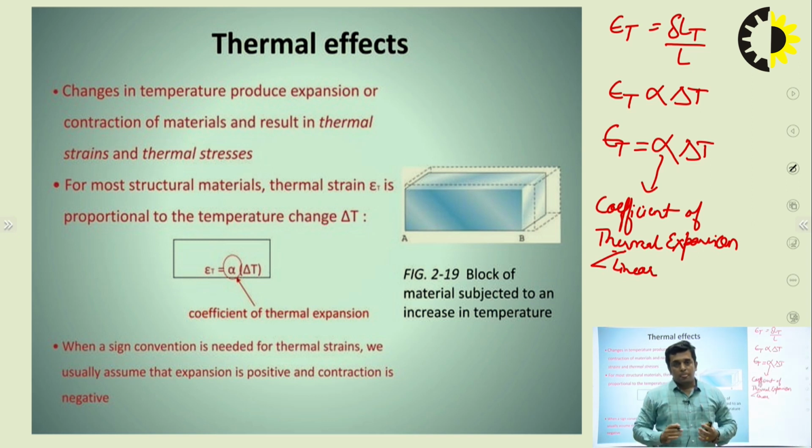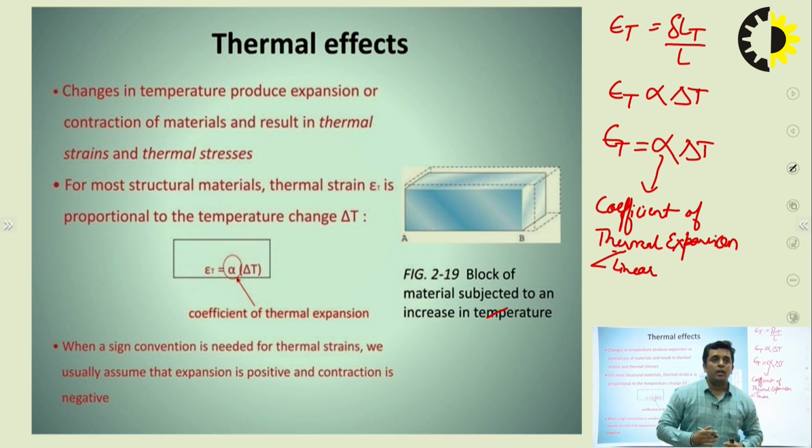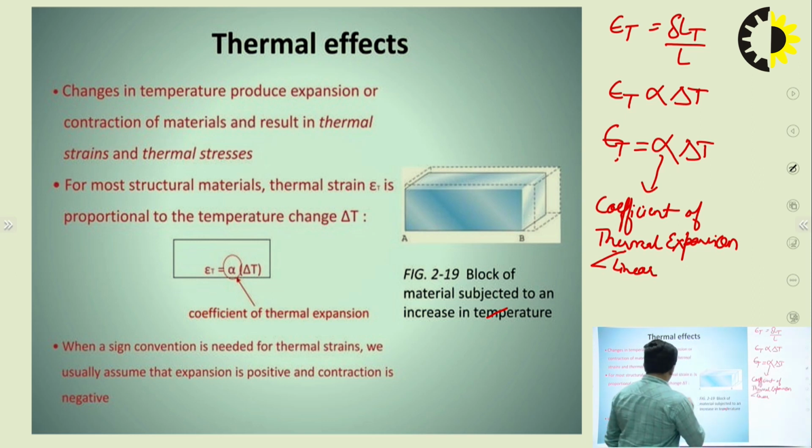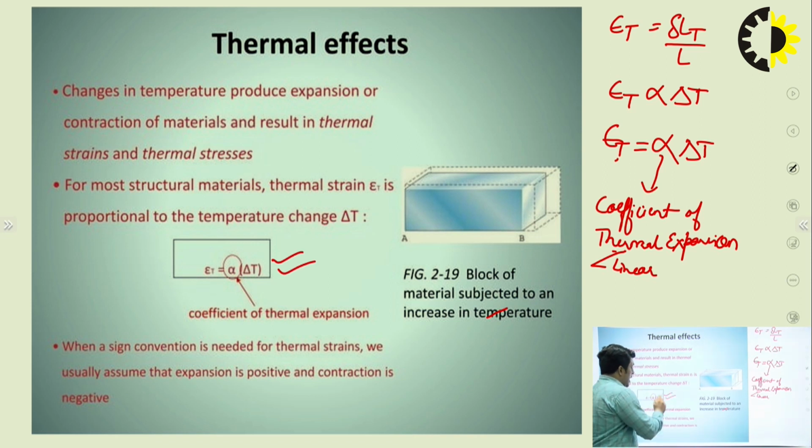Now, this term is very important from the concept point of view, because whenever we are solving numericals, we are given the value of alpha. So epsilon T is equal to alpha delta T, because epsilon T is directly proportional to the change in temperature, and this alpha is known as the coefficient of linear expansion. This has been written here also: alpha delta T.